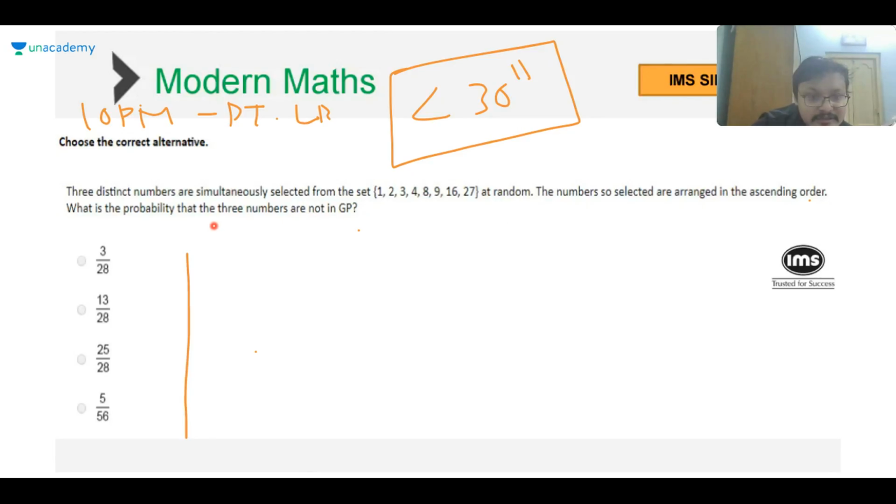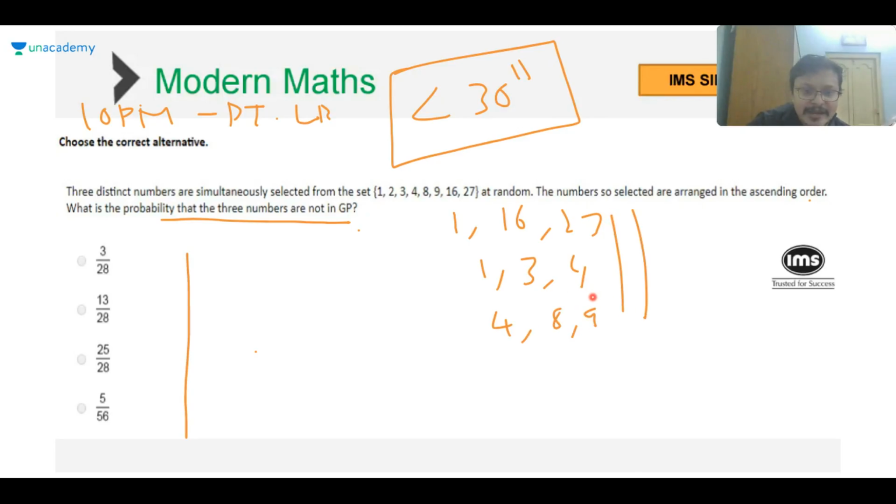So the question is saying you're selecting three numbers at random. What is the probability that three numbers are not in GP? Tell me, if I just take randomly, if I just write any numbers, just randomly 4, 8, 9, whatever, isn't it very unlikely I'll get numbers in GP?